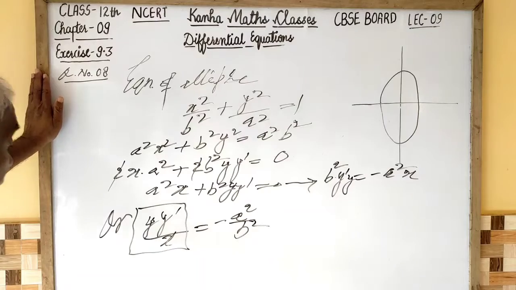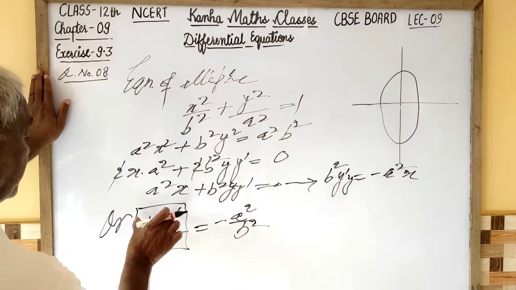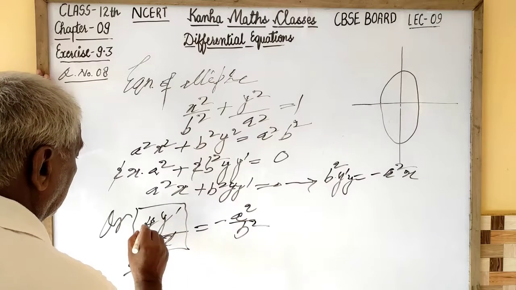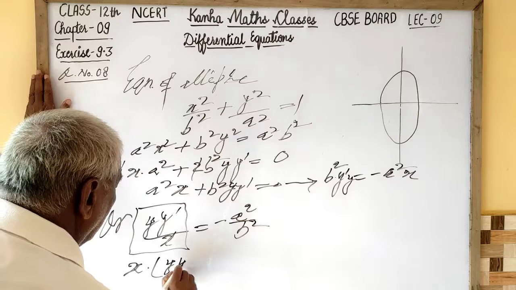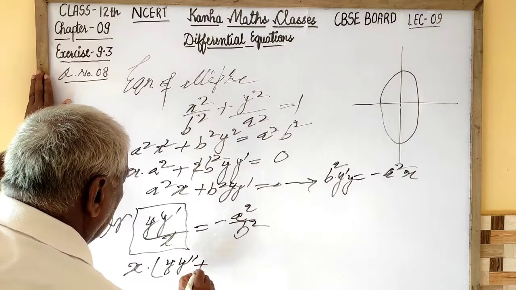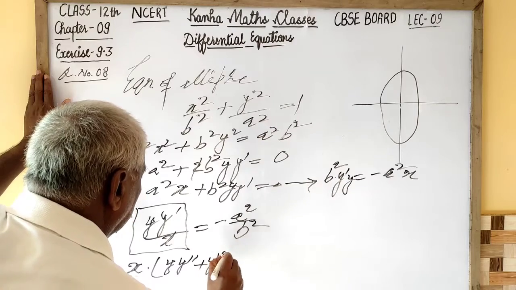That is, denominator into d dx of numerator. This is x into y double dash, plus y dash.